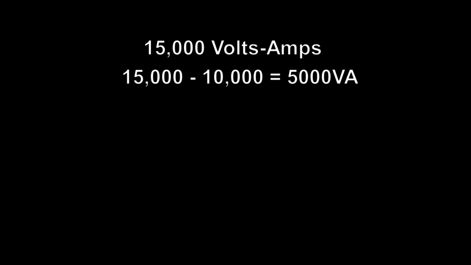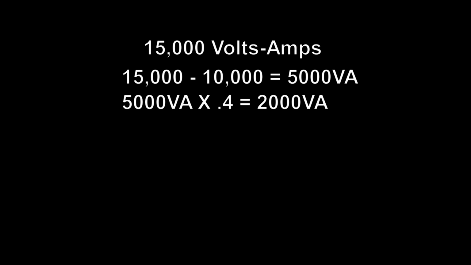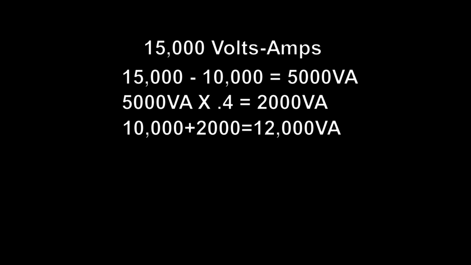The total of our general loads is 15,000 volt amps. If the total is 10,000 or less, take that number and skip the rest of this calculation. Subtract the first 10,000 VA, multiply the remainder by 40% or 0.4. Add the result to the original 10,000 VA. General loads equals 12,000 VA.